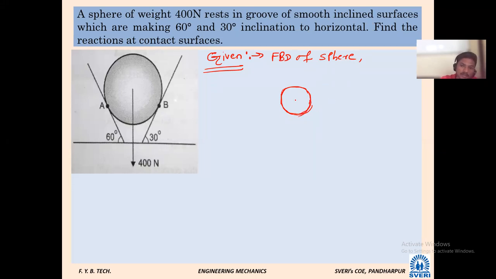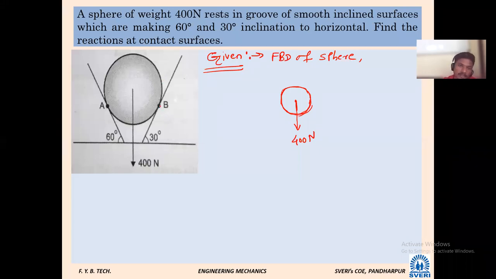Two points. How much weight is there for this body? 400 Newton. So I will write here 400 Newton. Now we have to show the body only with active and reactive forces. Suppose at this point, I will show it here.